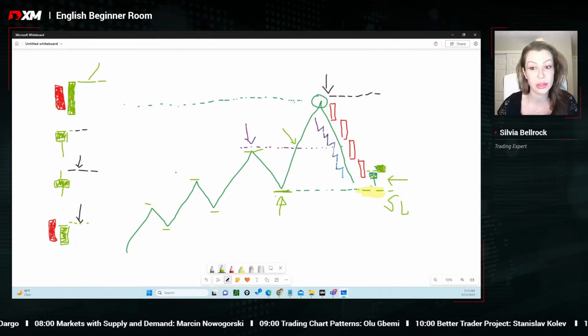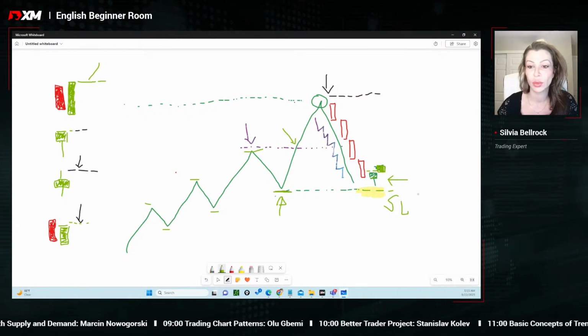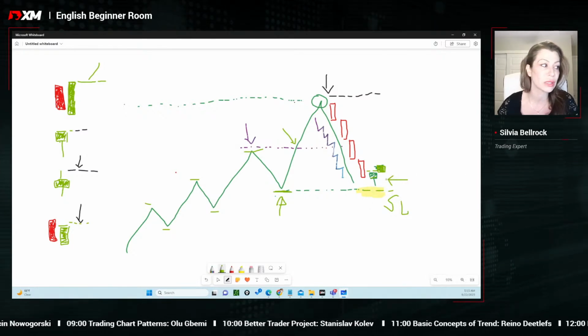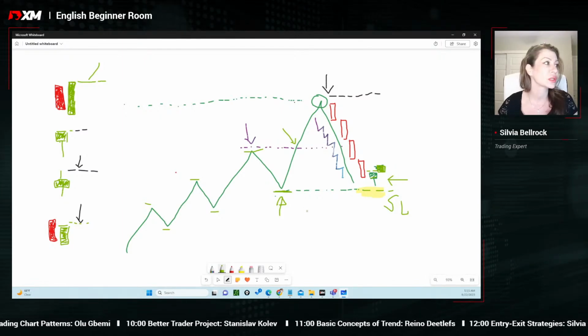So that's why it's extremely important to look for good entries with good risk versus reward.